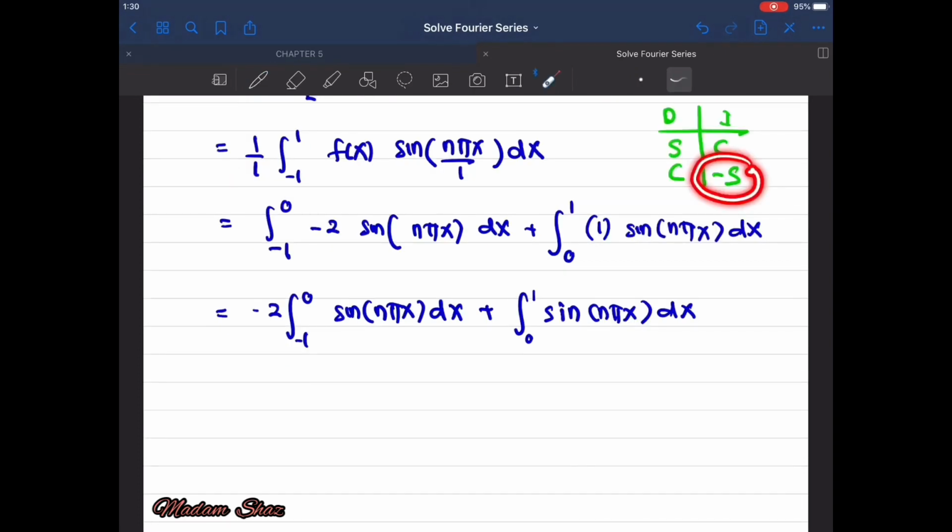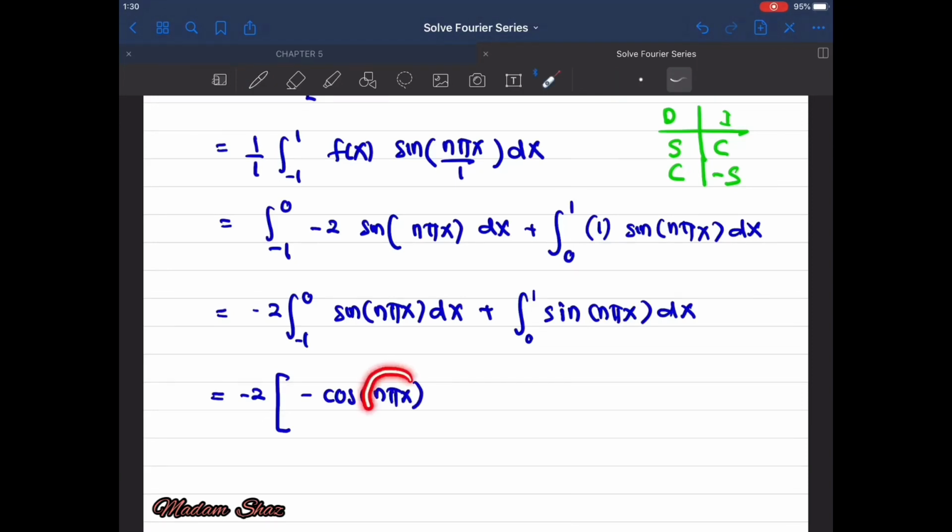If we integrate negative sine, the answer will become positive cos. But now we want to integrate positive sine, so that means we have to move this negative to the other side, whereby the answer here will become negative cos. -2 negative cos n pi x.